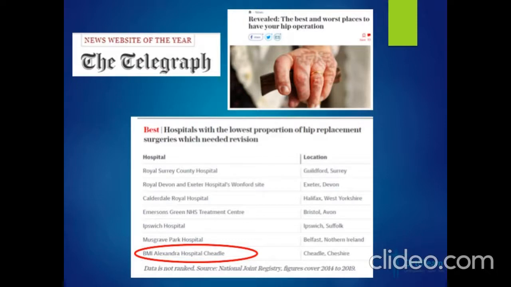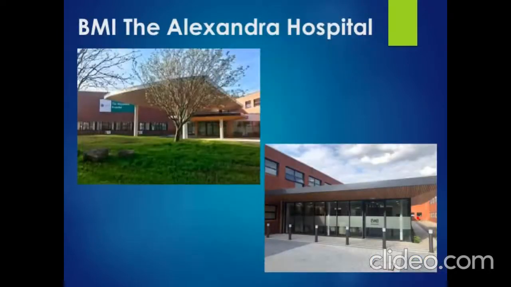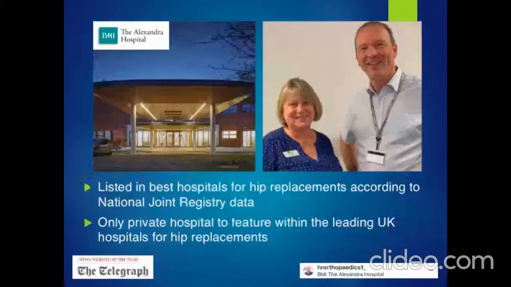So I think all the surgeons working there and all the staff at the Alexandra Hospital are very proud of that data. So the Alexandra Hospital, as I've said, here's a picture of it if you don't know what it's like. It's listed in the best hospitals for joint replacement surgery according to National Joint Registry data, and it was the only private hospital to feature within the leading UK hospitals for hip replacement surgery.